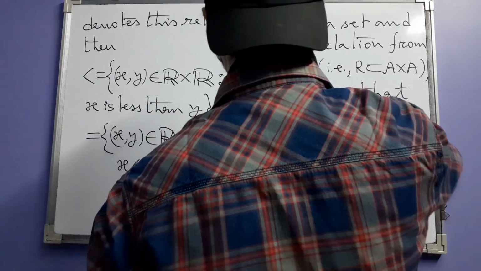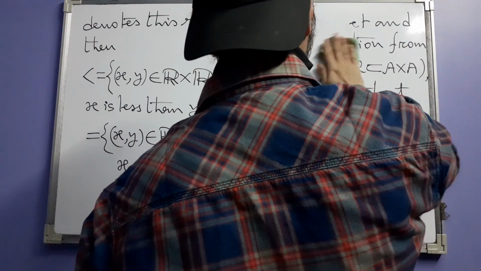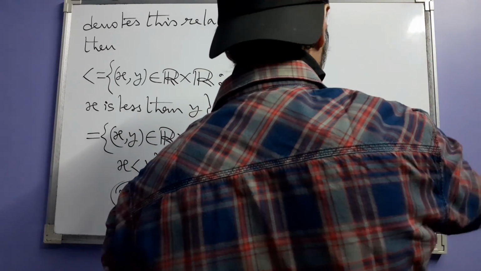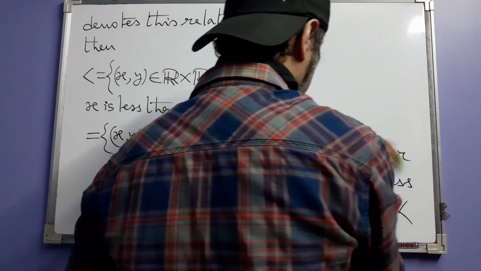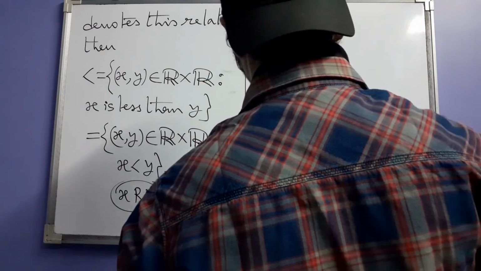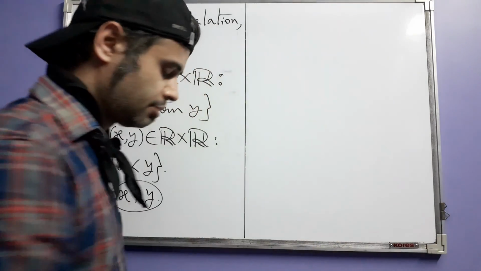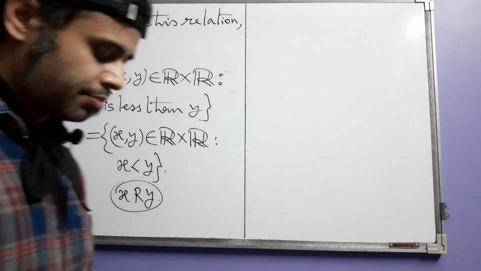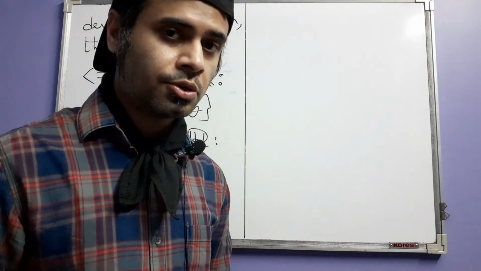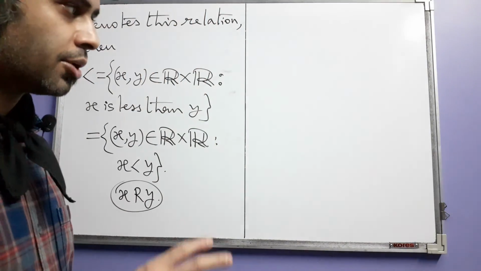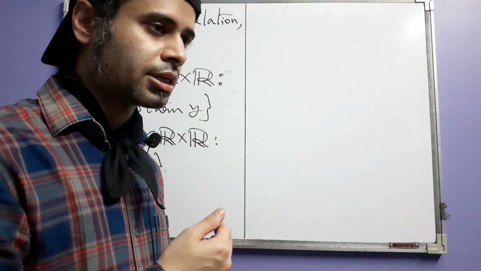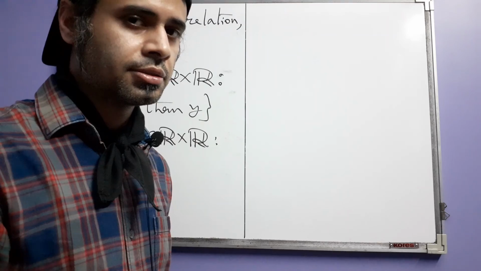Okay. Now we are not actually interested in just arbitrary relations on some set A, but we are interested in some particular types of relations, where the relation satisfies some properties, because these are relations which occur frequently in mathematics.